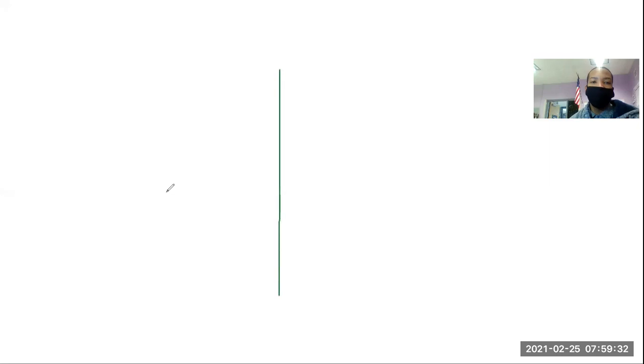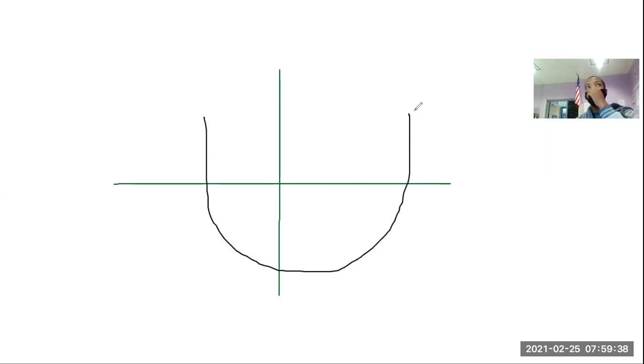One more example. That right there is a function because it passes the vertical line test, but it's not linear. So it's considered to be a nonlinear function.